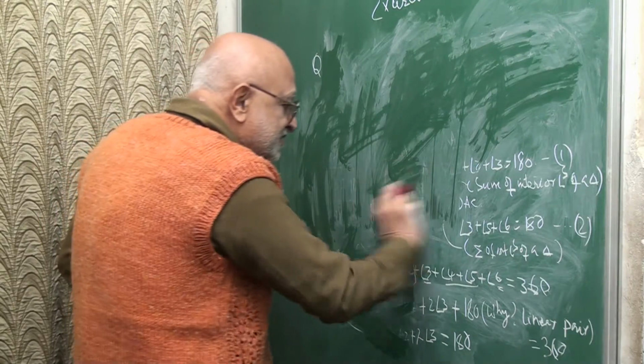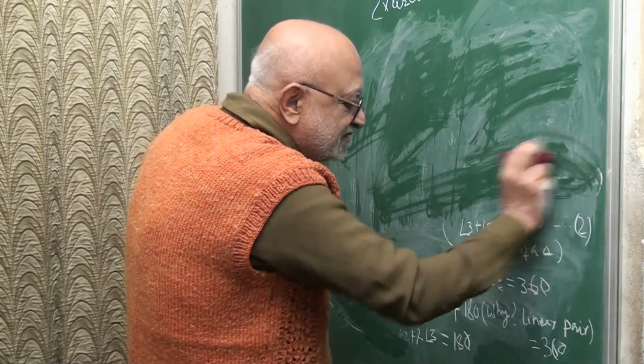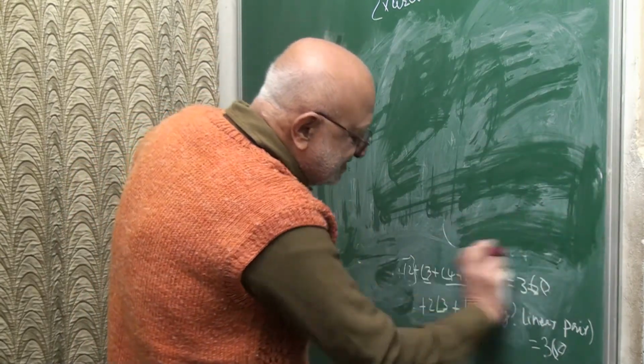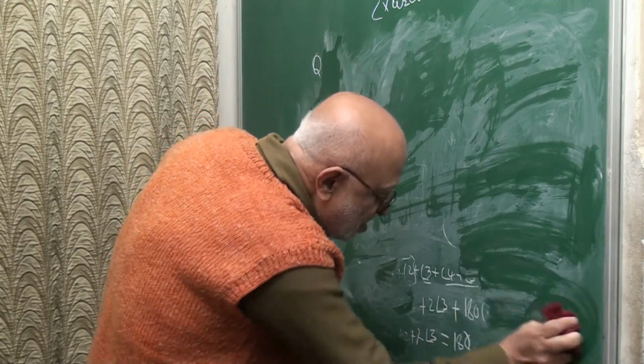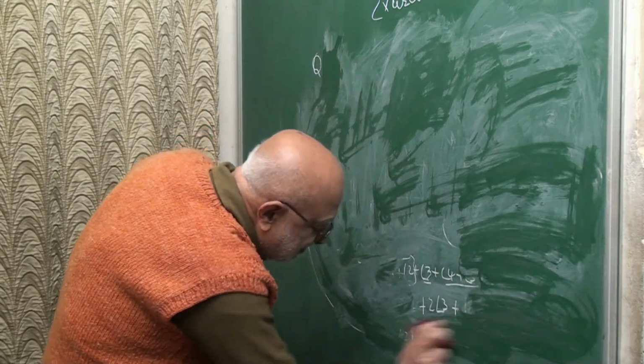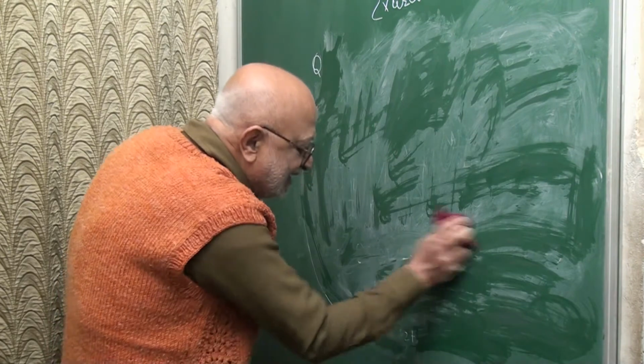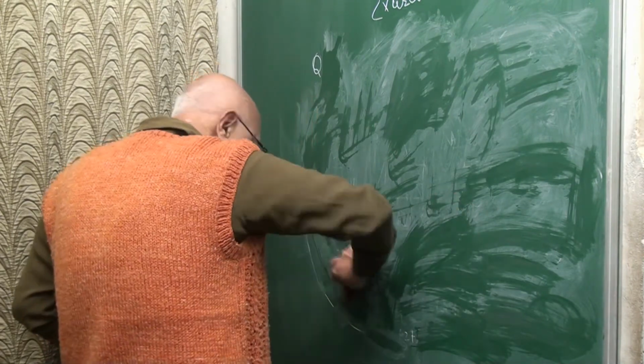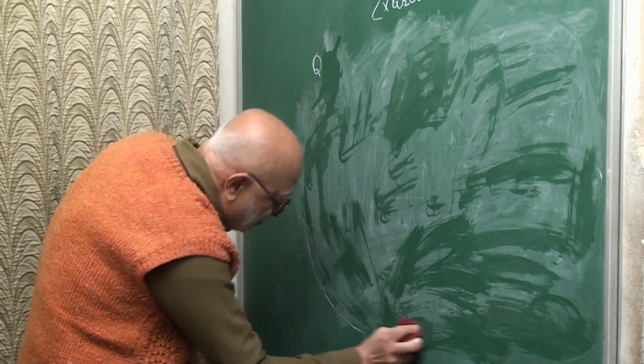The authorities should allow use of these notations, or otherwise you have to define what is angle 1 and write separately and all that kind of thing. You don't need to do those.